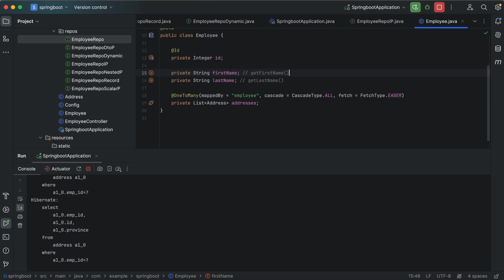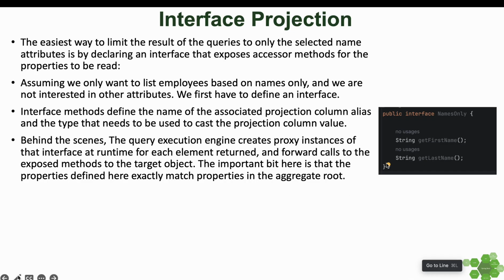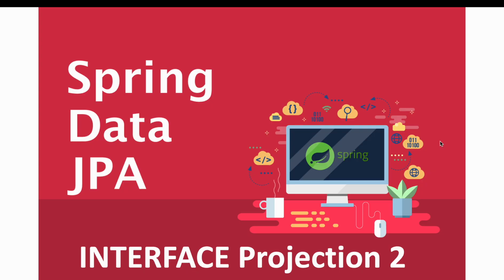These methods are the very same methods that we have here, so they should match exactly. If they don't match, the query engine or the execution engine will not be able to do the correct mapping.